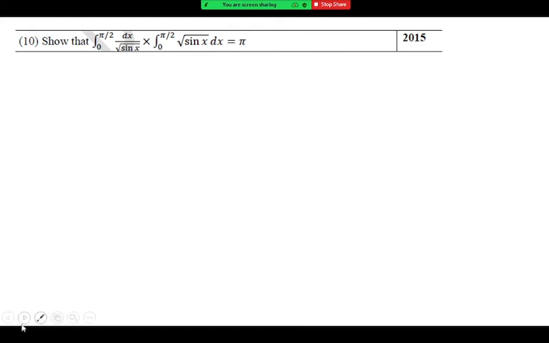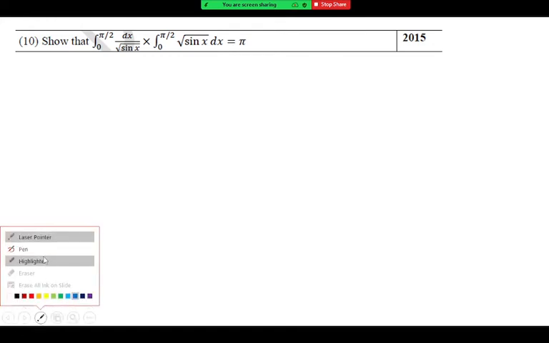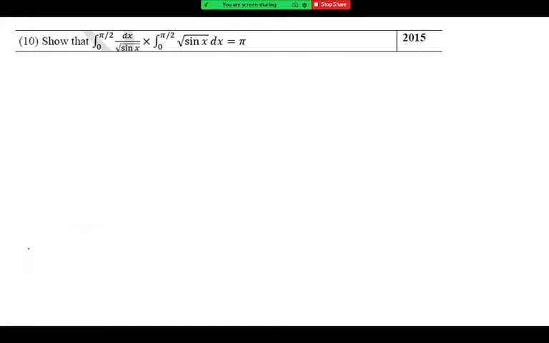Why convert it into the first form? We have both the forms available: both the trigonometric and algebraic form of a beta. Whenever the integrals are in terms of sine and cosine, remember this important thing.